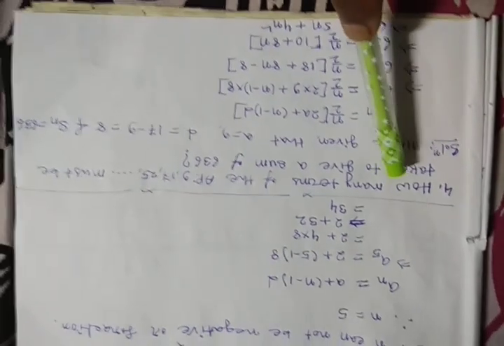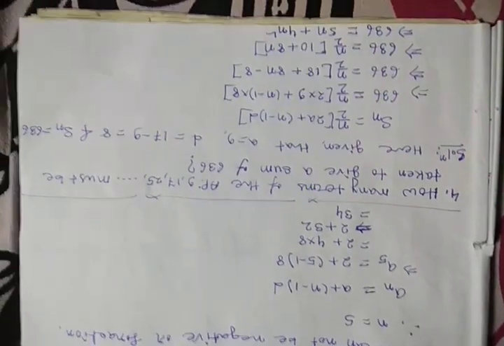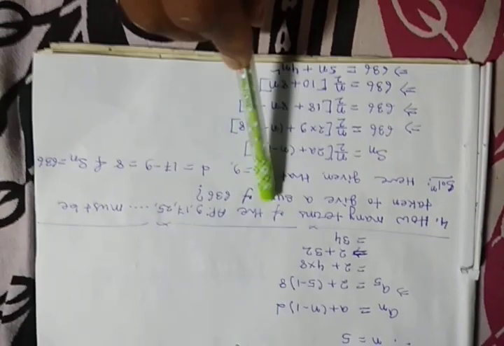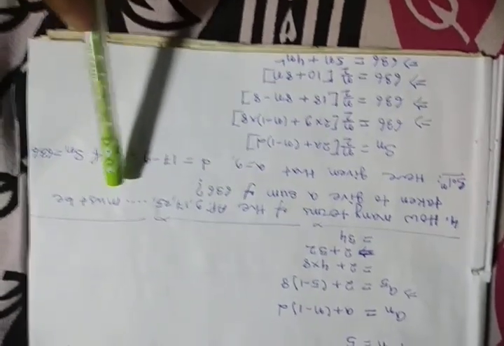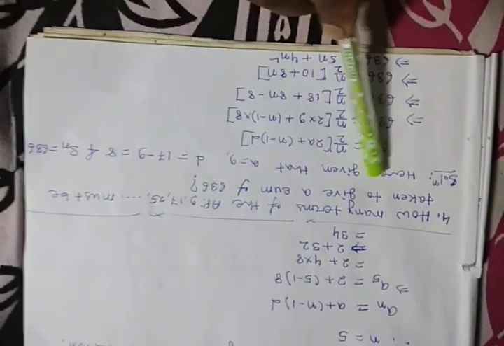Okay. Now question number 4. How many terms of the AP 9, 17, 25, and so on must be taken to give a sum of 636?